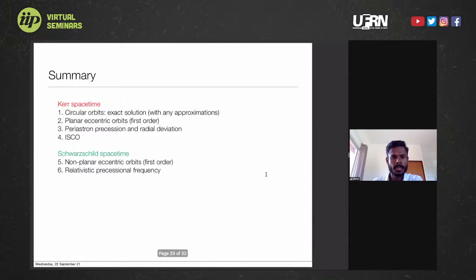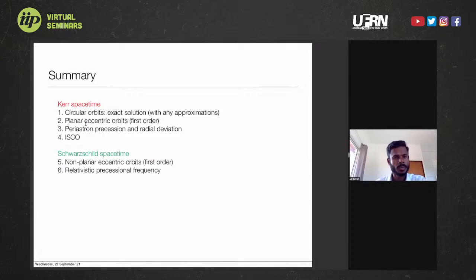So now let me summarize before you ask the questions. What I have shown in this talk and presented in the paper was, for the first time, without approximating the black hole spin and the particle spin, I have found the general circular orbit solution as an exact solution.